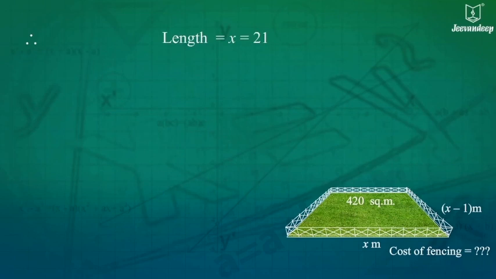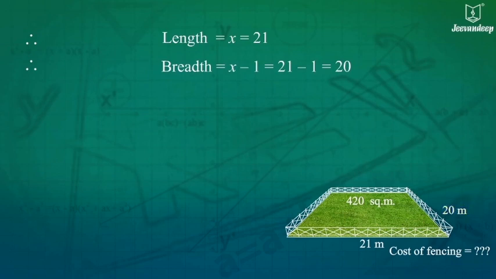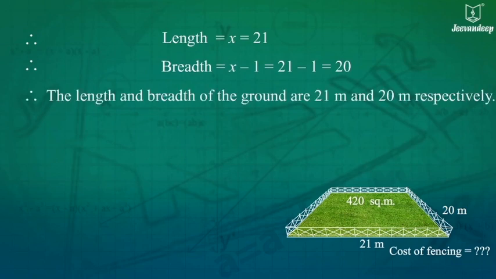Therefore, length equals to x equals to 21. Therefore, breadth equals to x minus 1 equals to 21 minus 1 equals to 20. Therefore, the length and breadth of the ground are 21 meter and 20 meter respectively.